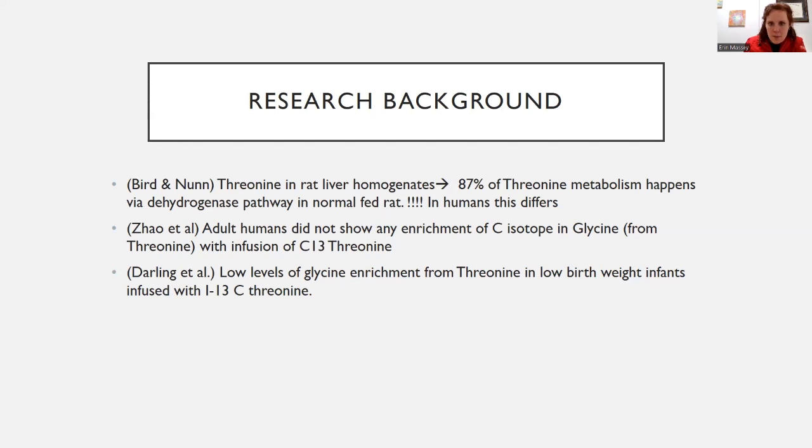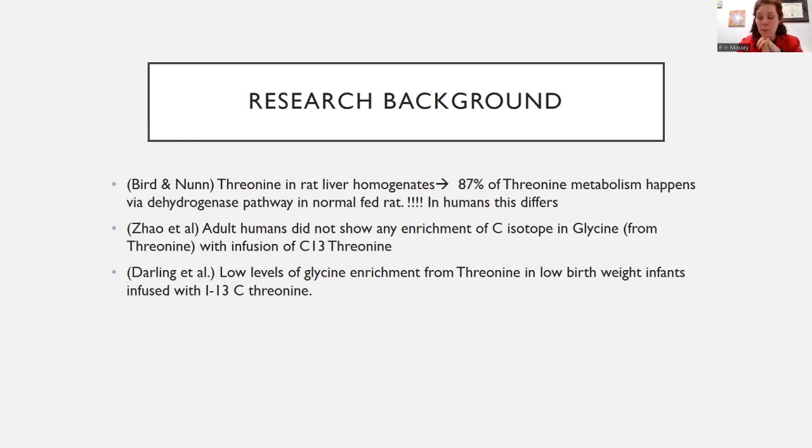So if we look at some of the information in humans, Zhao, I'm going to guess, is the primary researcher, et al. Adult humans didn't show any utilization of threonine to be used for glycine.